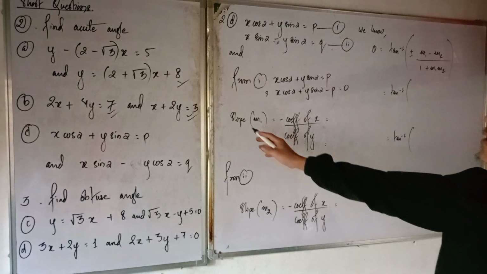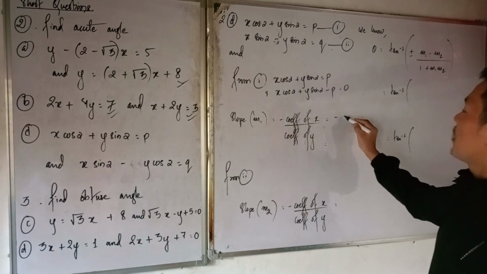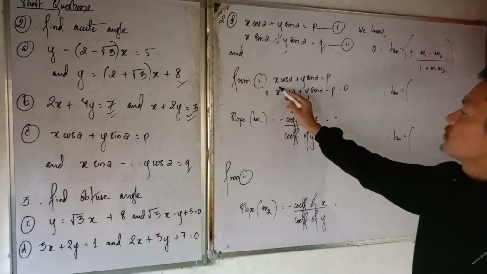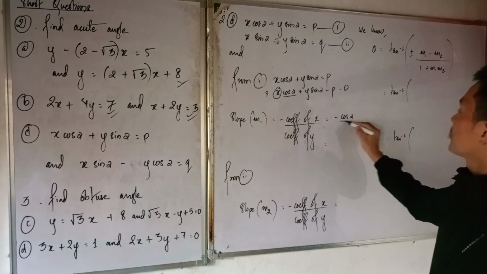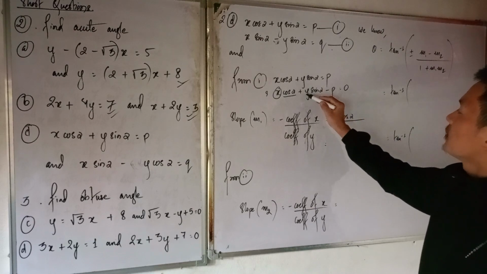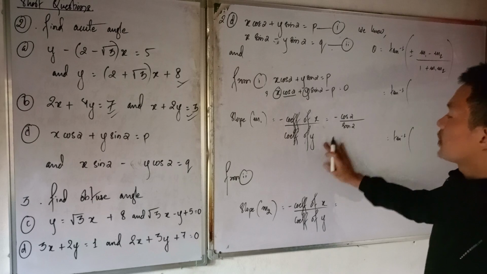Now you can use the slope form. Slope equals, use the formula, minus coefficient of x over coefficient of y. Coefficient of x we have cos alpha, and coefficient of y we have sin alpha. Finished.